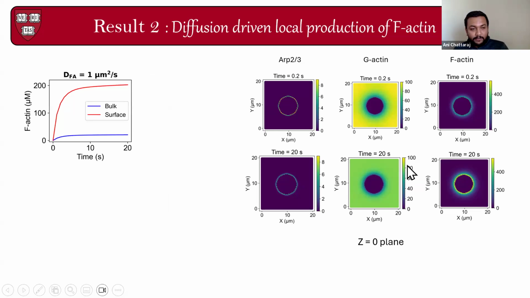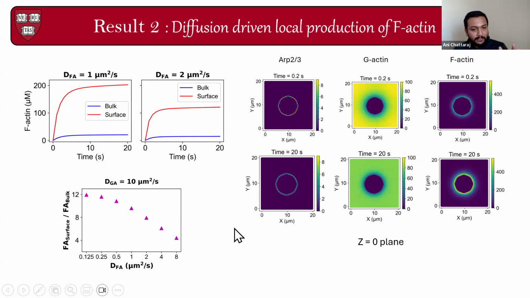Now, interestingly, if we quantify the result, the red one is the F actin concentration at the surface of the droplet, and the bulk is the blue line, and you can see this difference between the surface and the bulk. So this is some kind of local production of F actin right at the vicinity of the cluster. And again, this difference between the bulk and the surface goes down as you titrate up the diffusion of the F actin.